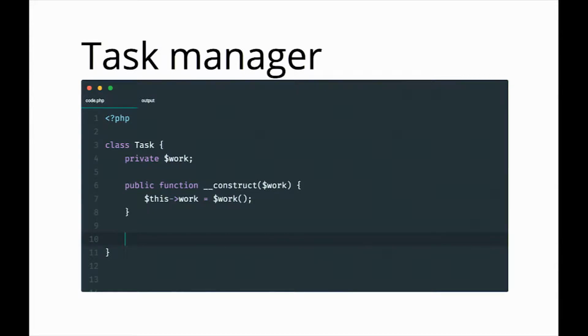Okay. Now our task needs to do two things. It needs to tell us if it's done all of its work, which we'll call valid to mirror the behavior that we've come to expect from iterators and generators. So we'll give it a valid method to say if there's still more work to be done. And it needs to run one unit of work. So we'll call that method run, and it'll do one tick of the generator. Public function valid.